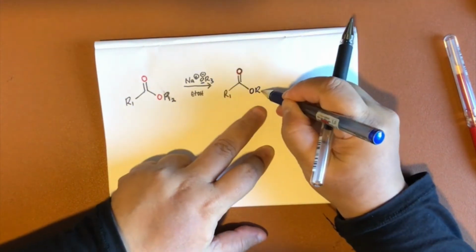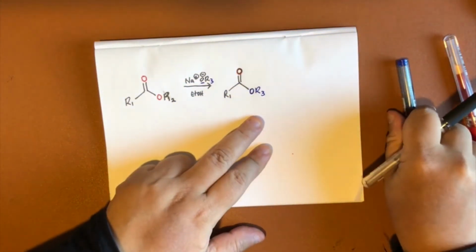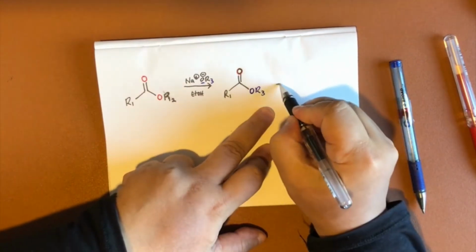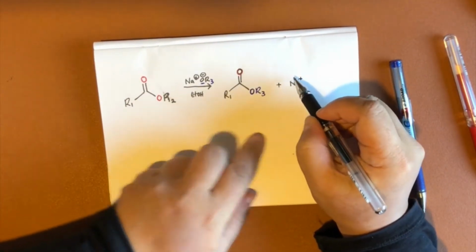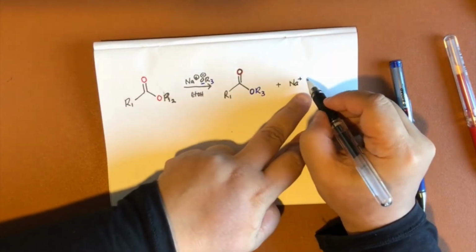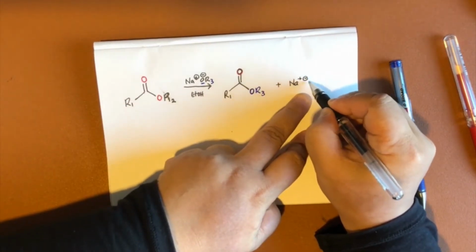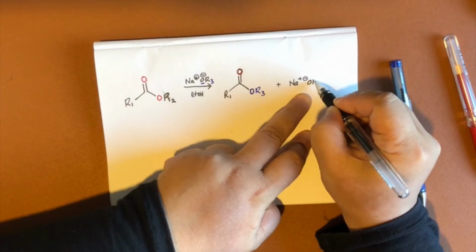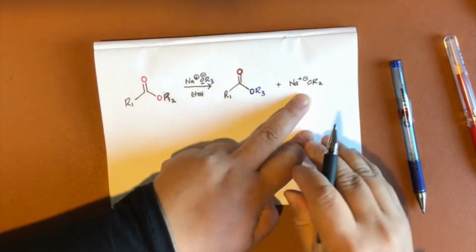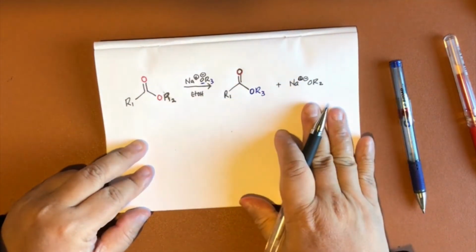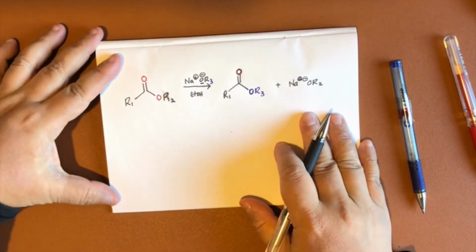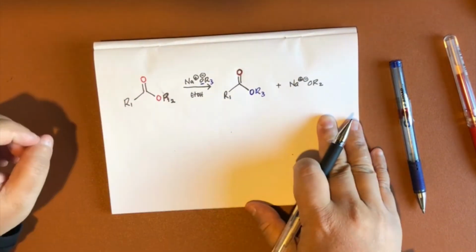R3, okay, and Na, sodium. So that will leave as an alkoxide. Okay, that's done. Now let's see the mechanism.